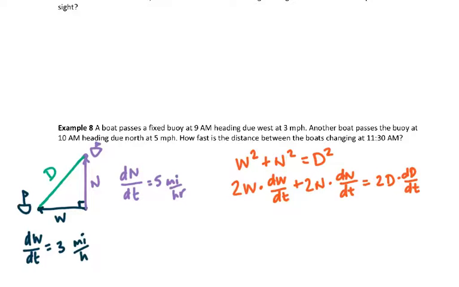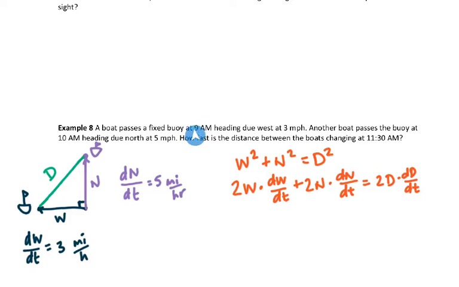Okay, so here's where that time aspect comes into play. So we know it's starting at 9 a.m. and we know its rate. So basically that's their hidden way of telling you how to calculate the actual distance both boats have traveled, because we know rate times time gives us distance. So let's take a look at the west ship first.